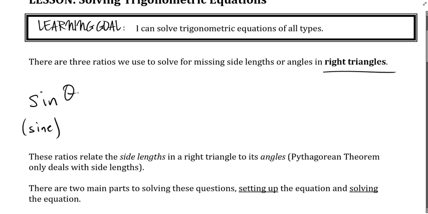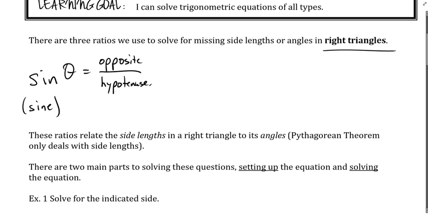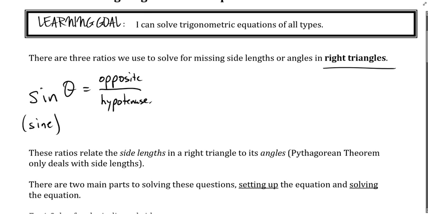I'll talk about that in a second. Sine theta is opposite over hypotenuse. And I'll talk about what those words mean in a moment, but they'll mean more tomorrow when we get into this a little bit further.